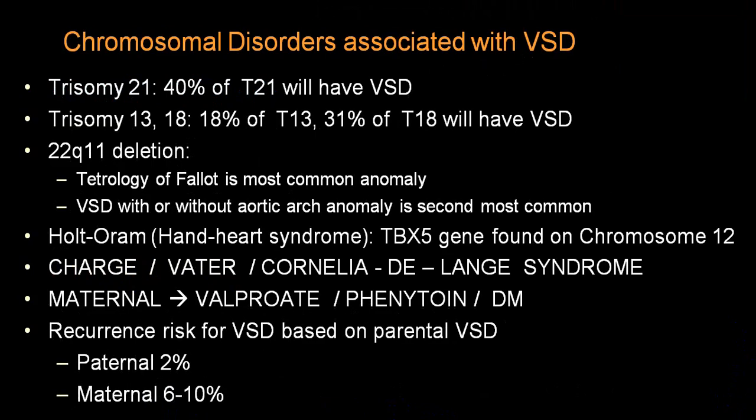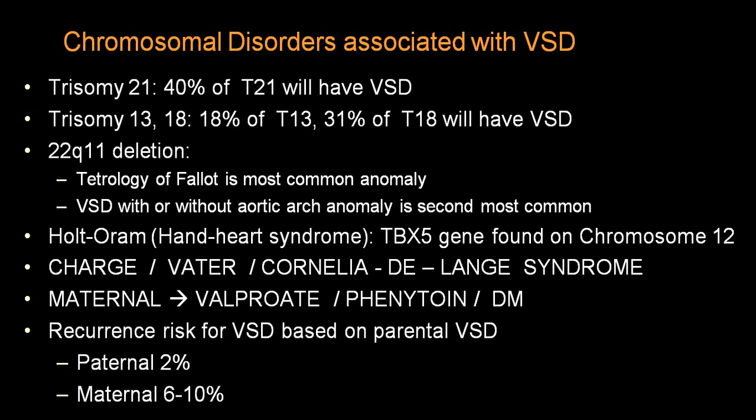Trisomy 21 accounts for 40% of ventricular septal defects, while trisomy 13 and 18 account for 18 to 31%. Tetralogy of Fallot is the most common anomaly associated with ventricular septal defect, with overriding of aorta, infundibular pulmonary stenosis, and right ventricular hypertrophy.